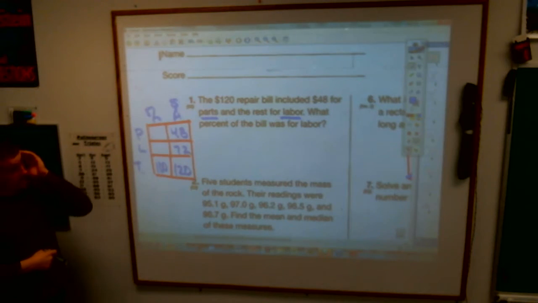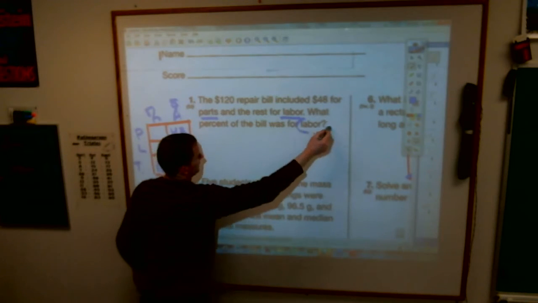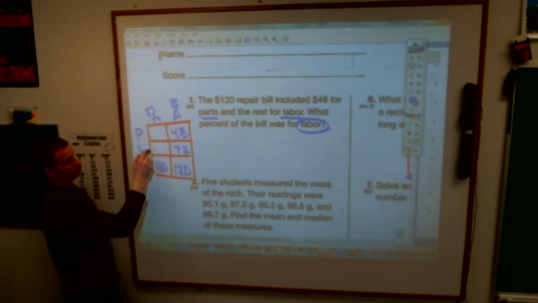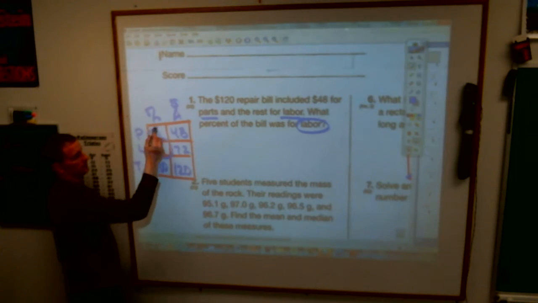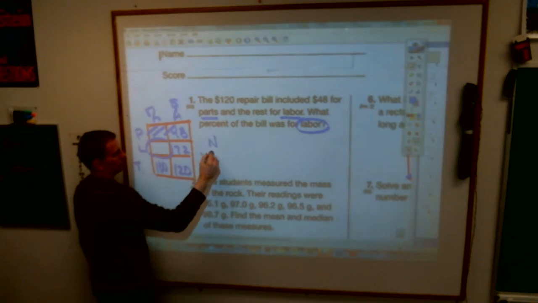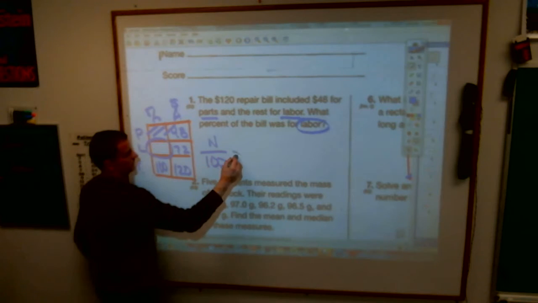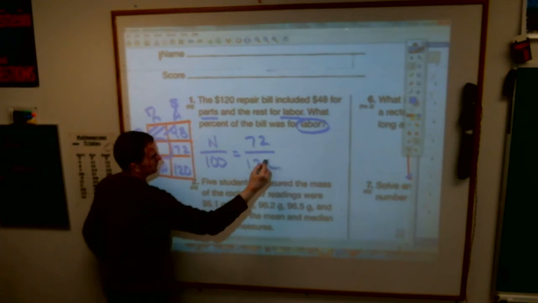Okay, that's all just subtraction. So they just want what the percent for labor is. So this is the box you're looking for, percent for labor. Don't need the parts part. You just make equal fractions with this. What number over 100 equals 72 over 120?